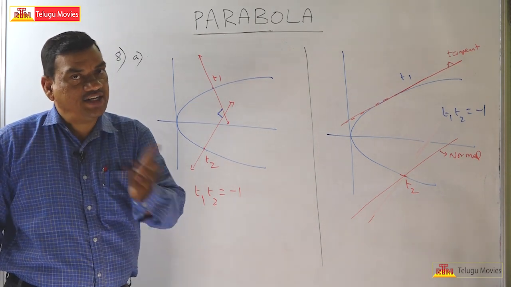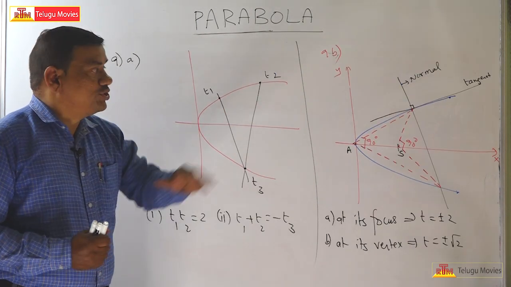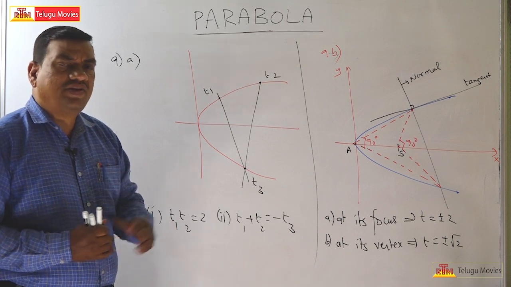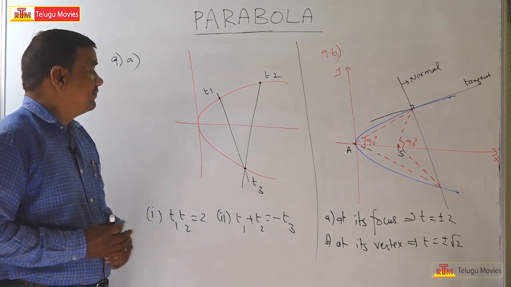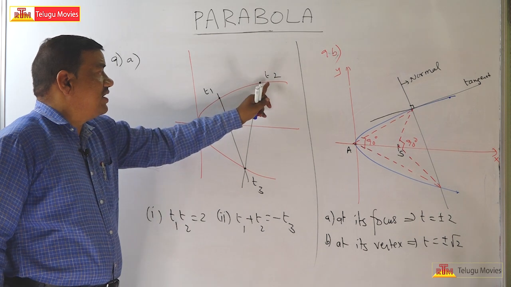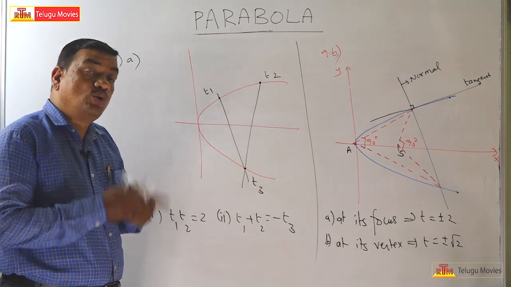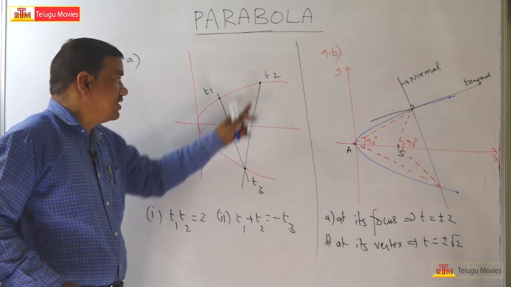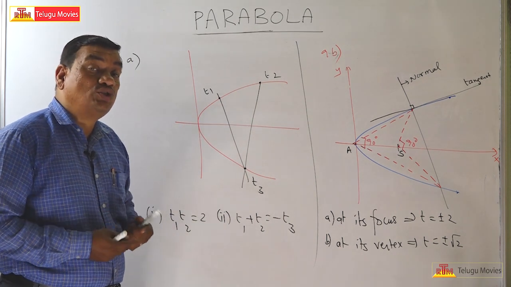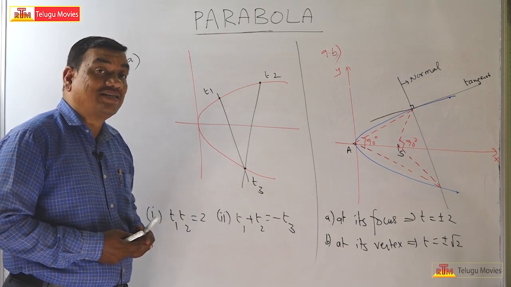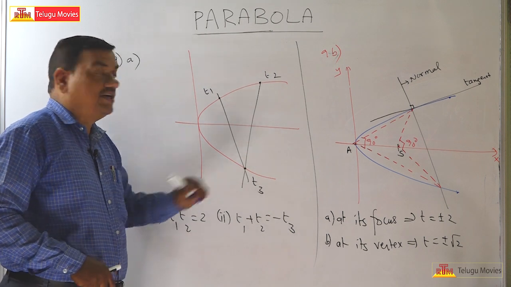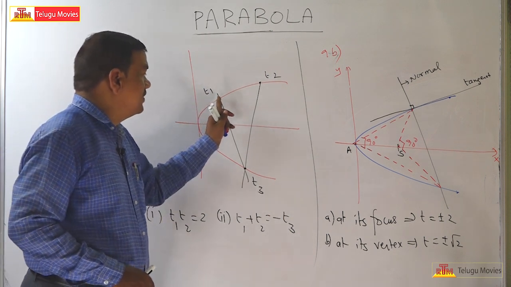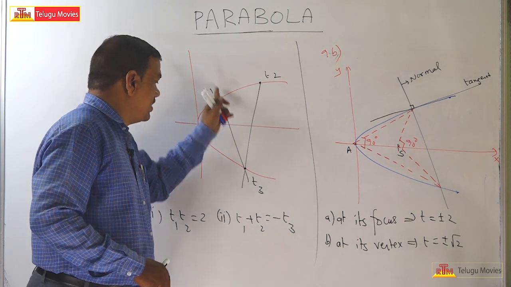Let us go for the next concept. Welcome back to these two results on normals, very interesting results. Let us take two normals, at t1 and at t2. Let these two normals intersect on the parabola at t3. Once again, at t1 and t2 there are two normals.